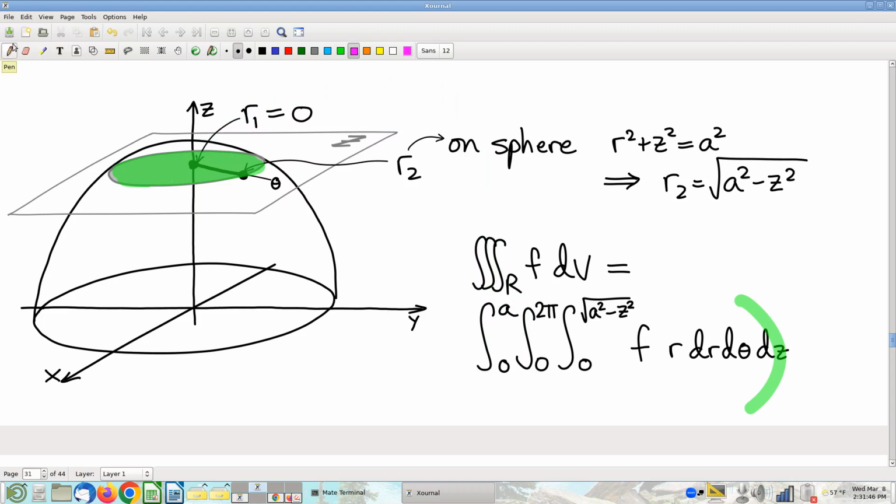That z slice, what's up next? Next we are apparently looking at theta. What's my range of values of theta? Well, theta slices look kind of like this. And by geometric appeal, I claim they go all the way around, 0 to 2 pi. Arguably, you don't have to start exactly at 0.